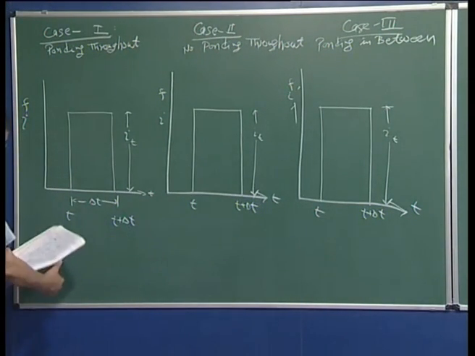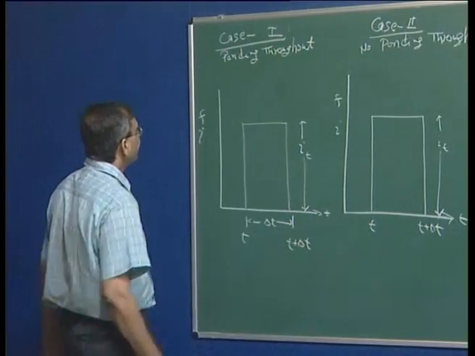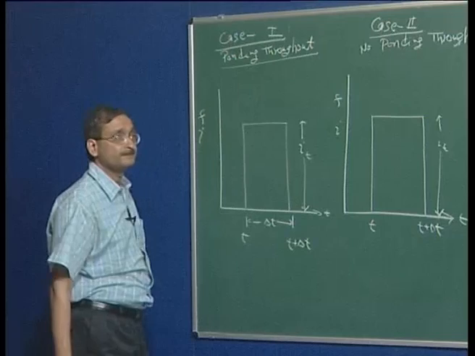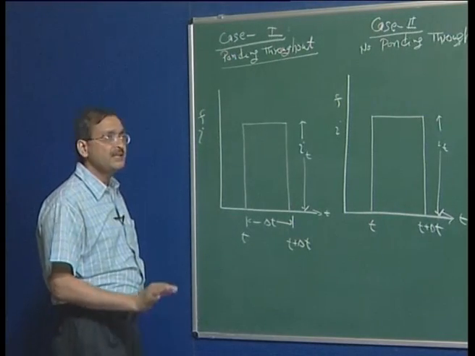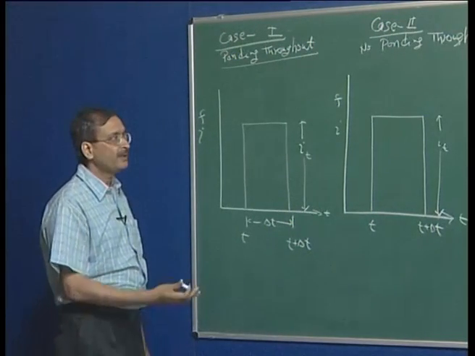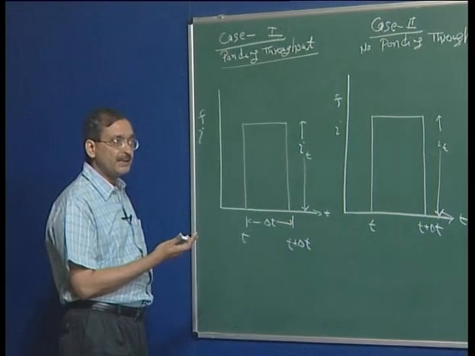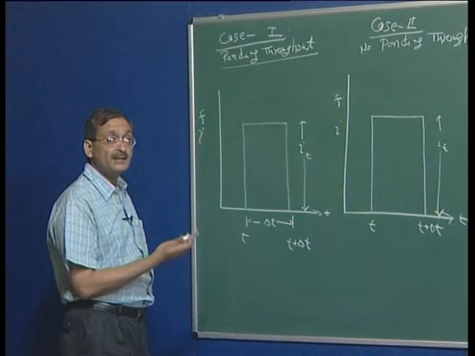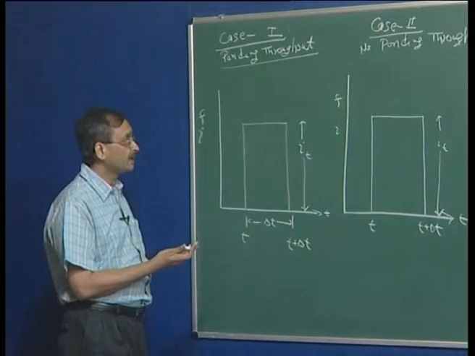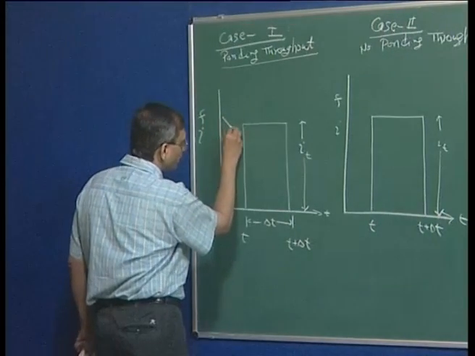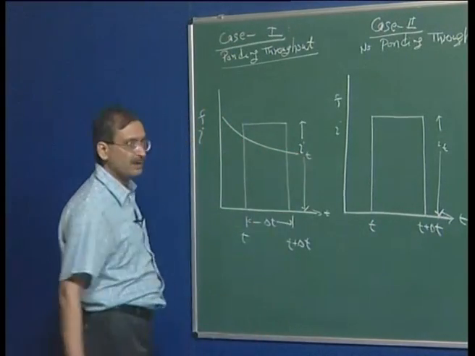So, we have case 1 in which there is ponding throughout. When will the water pond on the ground? When the intensity of rainfall is higher than the rate of infiltration. So, our infiltration curve will be below this during the whole interval.